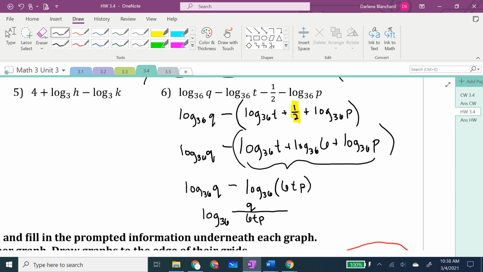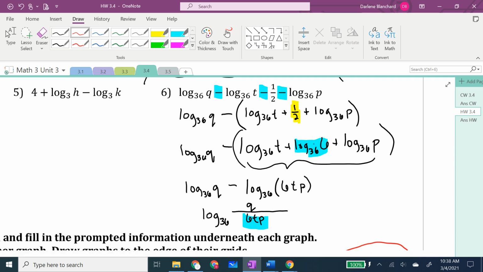And then that would be condensed. So you can also notice that every subtraction causes a denominator. We had to do a little extra work with the 1/2.